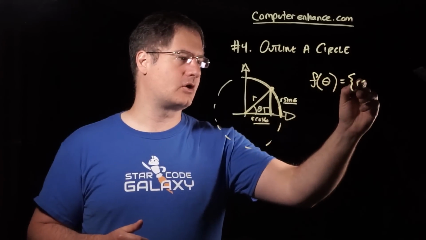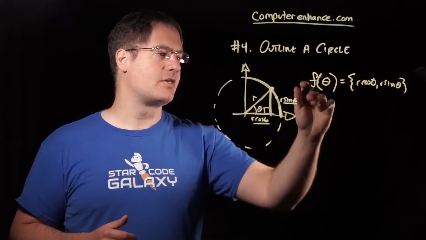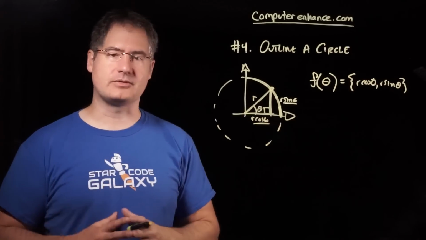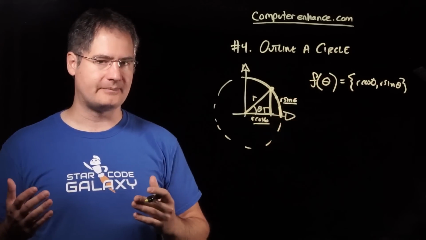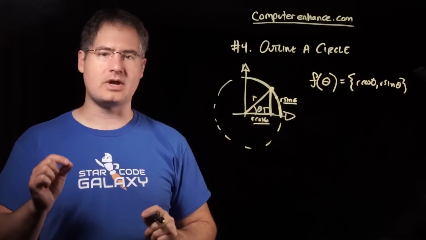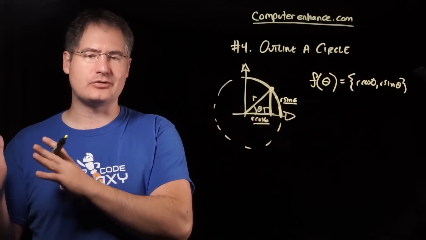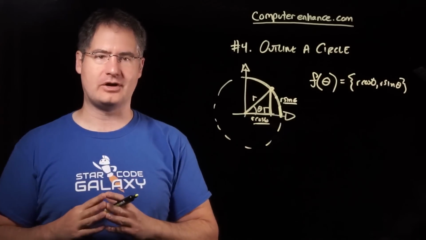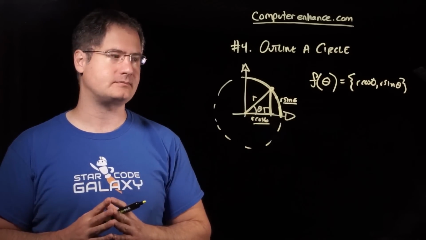So we get our cosine theta, our sine theta. That is our explicit representation of the circle. We plug in any number here that we want, and we always get out a point directly on the circle. It explicitly goes from a parameter to the surface of the circle right in one step. That is how it works.